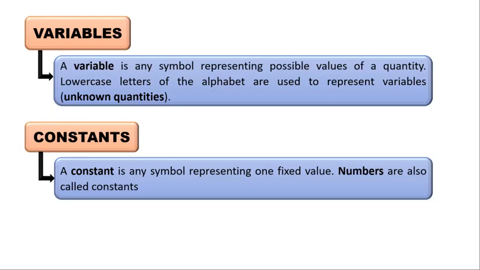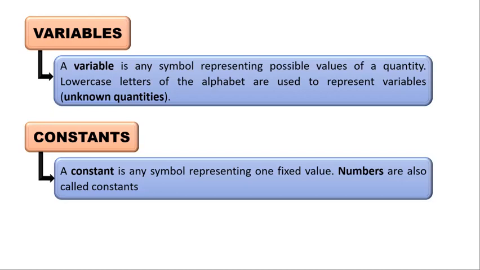So in our expressions, we usually use the variables x, y, z, s, and t, m, n, and so on. And those are the letters of the alphabet. And take note, it should be in lower case. And again, when we say variables, those are unknown quantities.